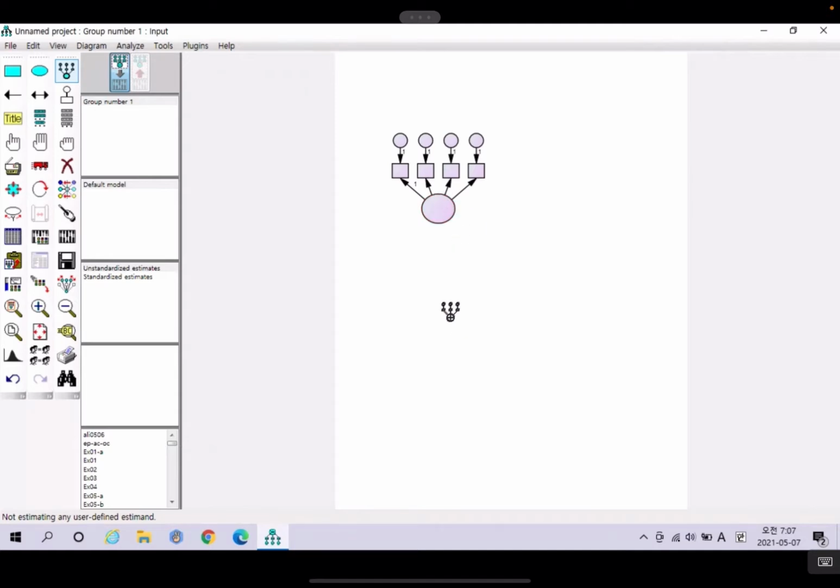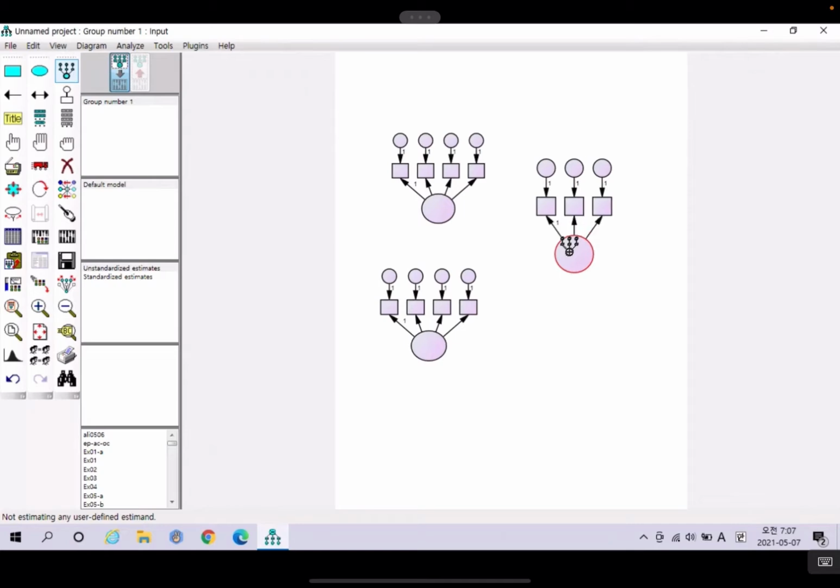And again I make a circle here, and once again I'm going to click 4 times for the AC, and I'm going to make a circle here. Once again I'm going to click 4 times, right?